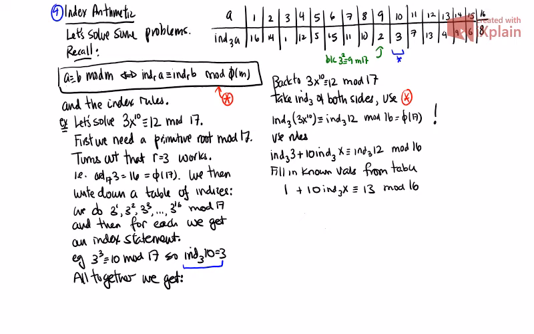Just for reference, let's say this guy right here in purple becomes this guy, that's from here. And in light green, this guy becomes this guy, and that's from right here. So then we solve a little bit further. We go 10 index base 3 of x is 12 mod 16.